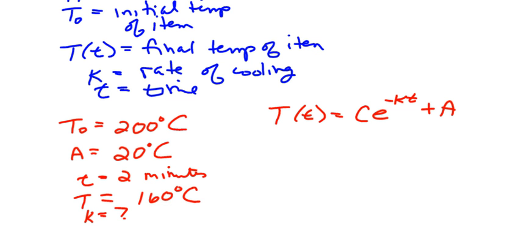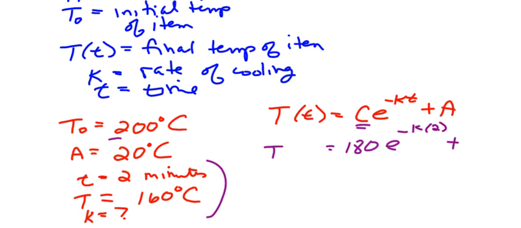In here, if we want to find this C, we know it's T naught minus A. So our C in that case is going to be 180 degrees Celsius, and we're going to have e to the negative, and now I'm going to use this info to find my k. So I'm going to say the negative k, and our time is going to be 2 minutes, and we had an ambient temperature of 20 degrees, and T of 2 is 160 degrees Celsius. So I'm going to go ahead and replace that.